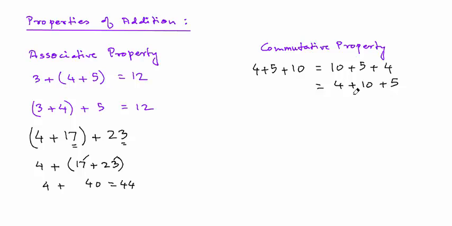And once again, it might seem pretty obvious, but the fact of the matter is we tend to use the commutative property more often than we actually realize. Imagine you have an addition sentence that goes like, let's say, 14 plus negative 6 plus 21 plus 6 plus 9.